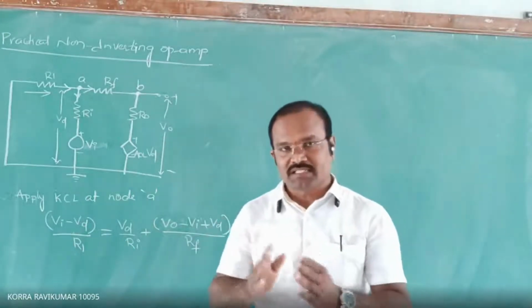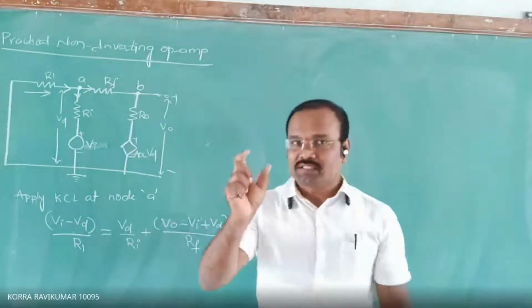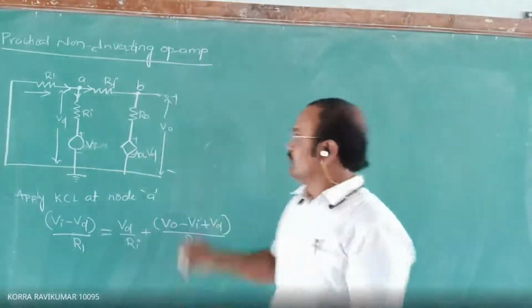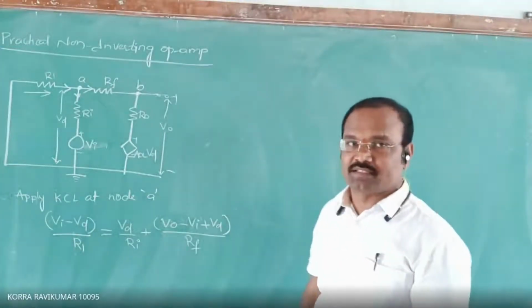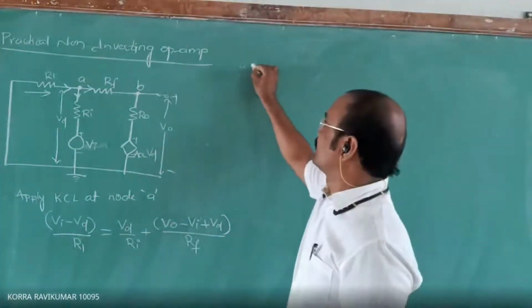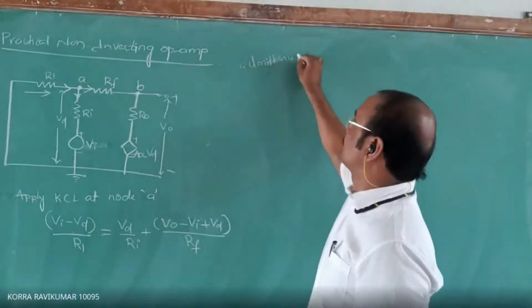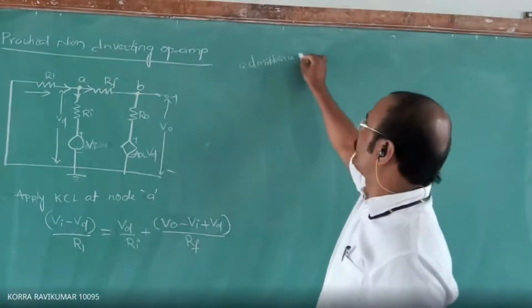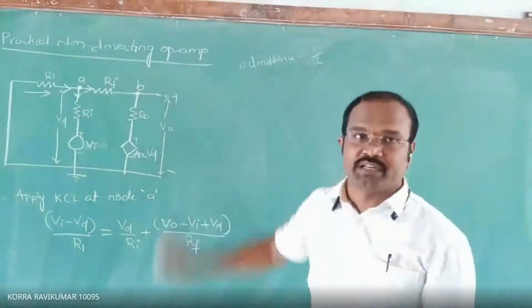What is the relation between admittance and resistance? Admittance is the reciprocal of resistance, that is, 1 by resistance equals admittance.